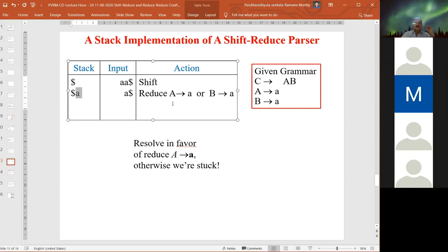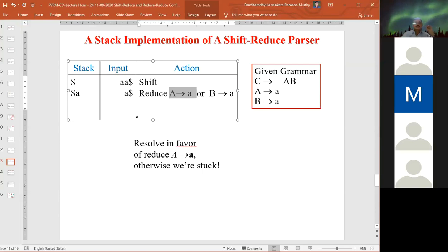Here we have two options; two reduce actions are possible. This a can be reduced using the production A derives a, or it can be reduced using the production B derives a. But if you use the second production, it leads to failure. If you use the first production A derives a, then we may reach success.